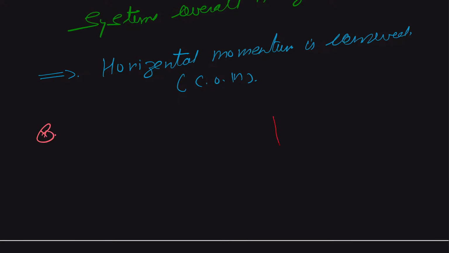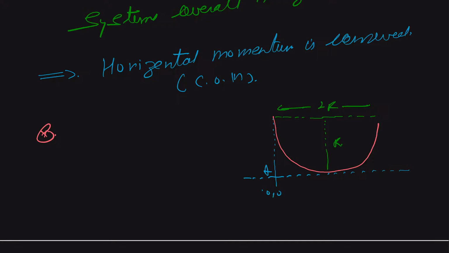And we are given a bowl. Suppose this is the bowl and its radius is given as r. So this is a radius r, so obviously its diameter will be 2r. And let us assume this is the table on which it is lying, and we assume that the left side of this bowl is the origin. Let us call this point A, and this is coordinate 0, 0.